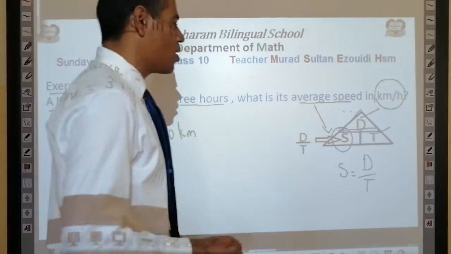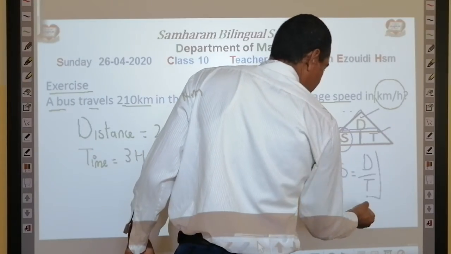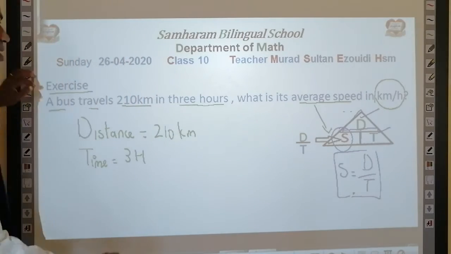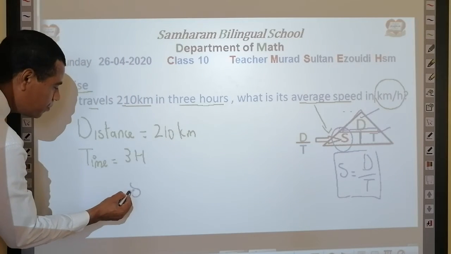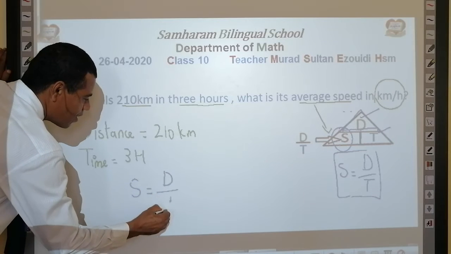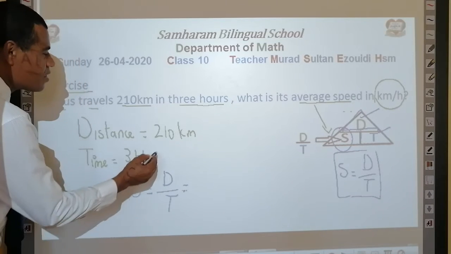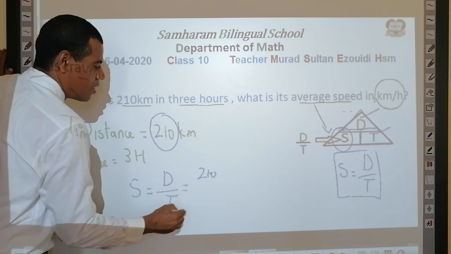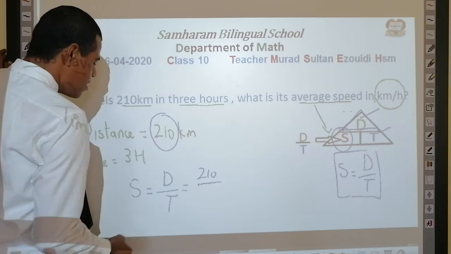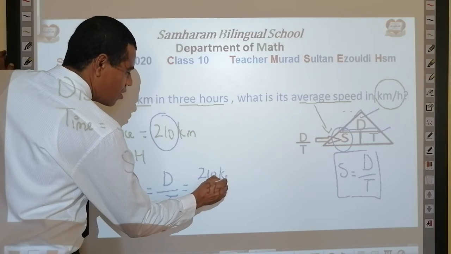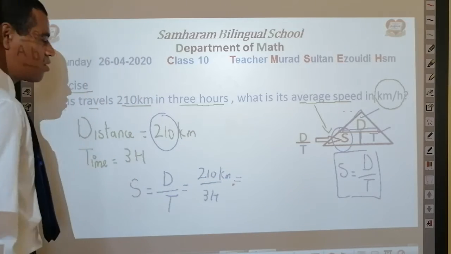And here we use the formula. I will just write speed equals distance divided by time. The distance is 210 kilometers divided by 3 hours.